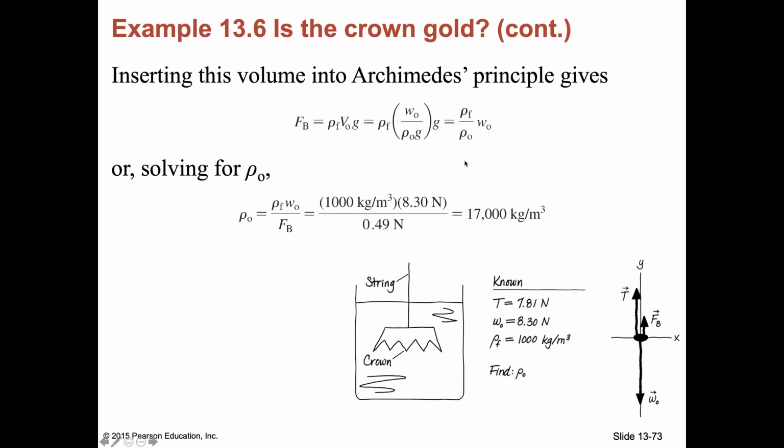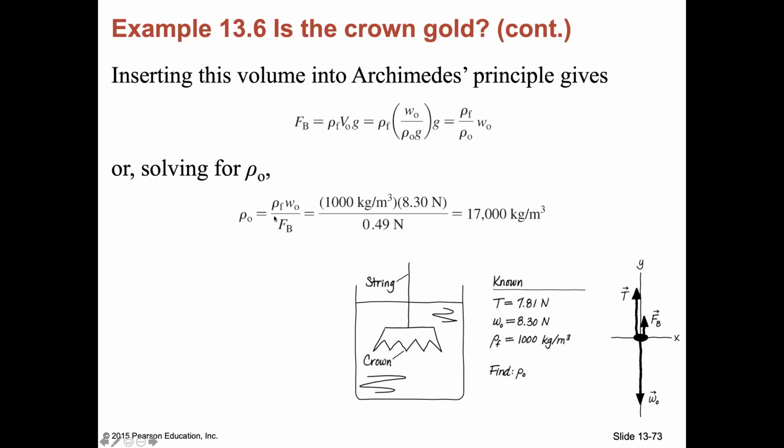From here, you know F_B, you know the weight, you also know rho fluid, which is the density of water. The only thing you don't know here is rho naught, which is the density of your object, your crown.